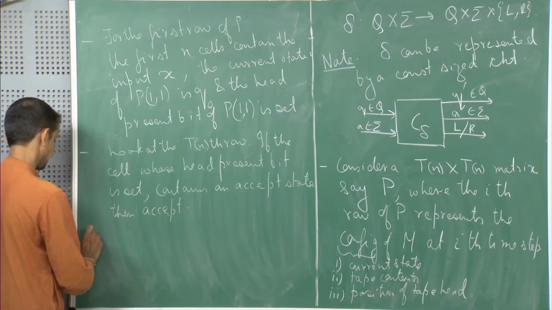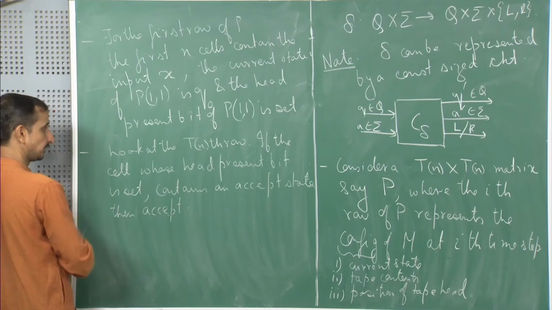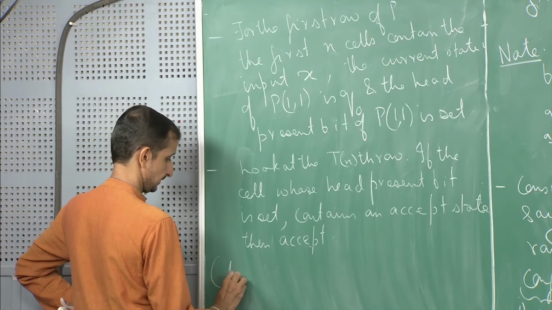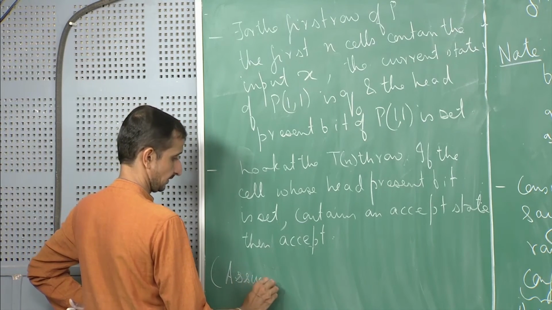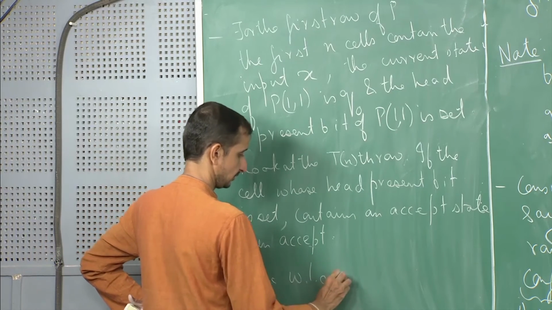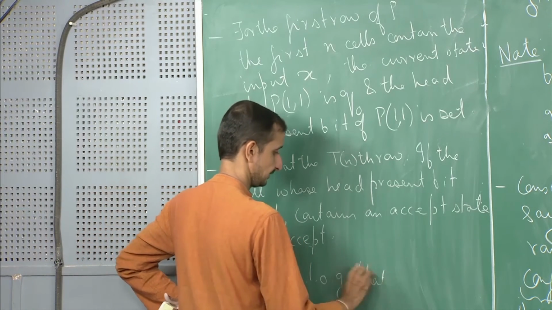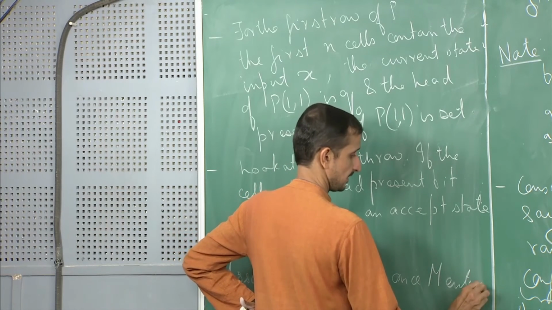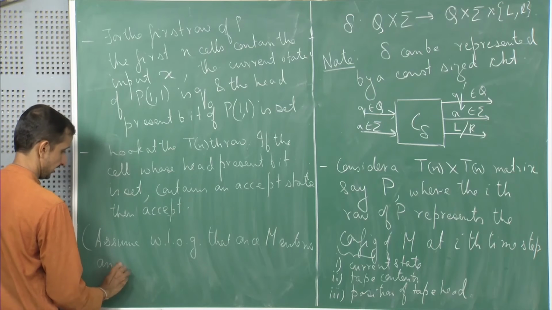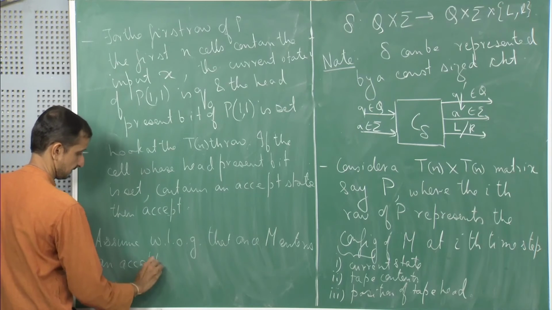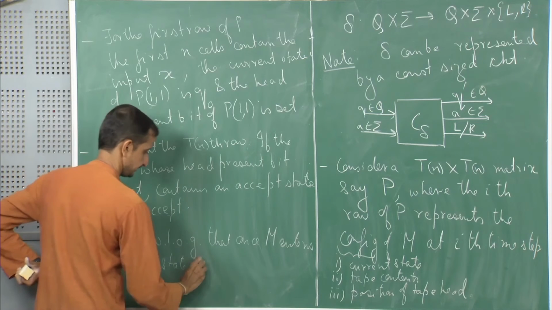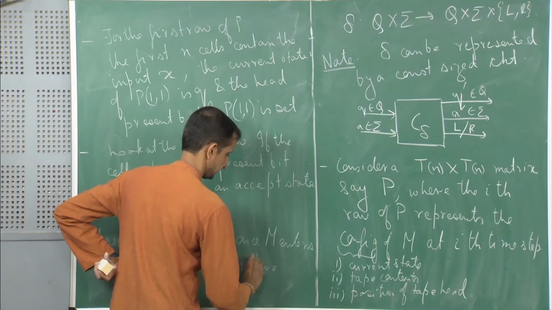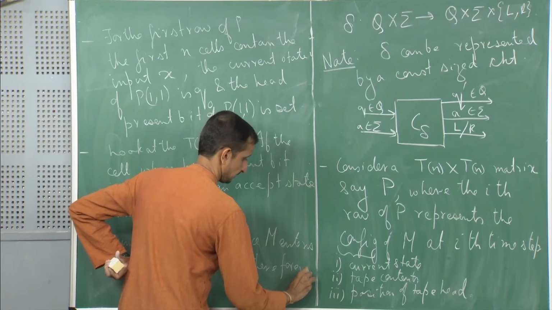And one other thing that we need to mention over here, because we are looking at the n th row, is the following: assume without loss of generality that once M enters an accept state, it stays there forever.